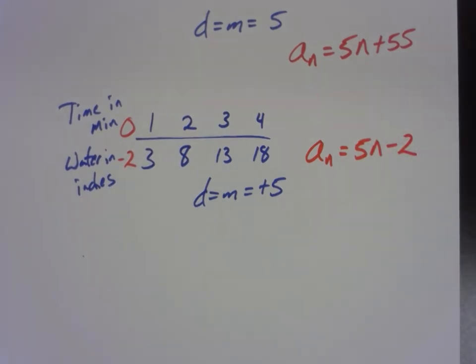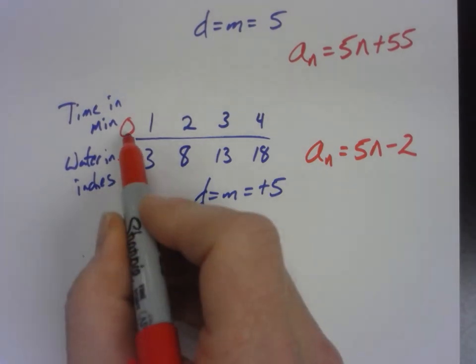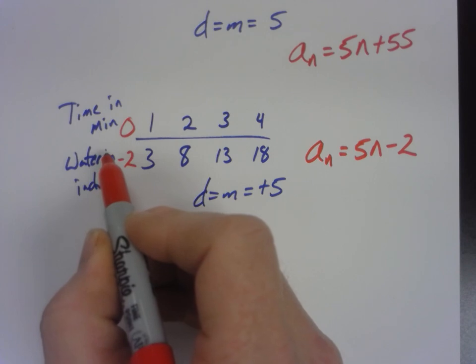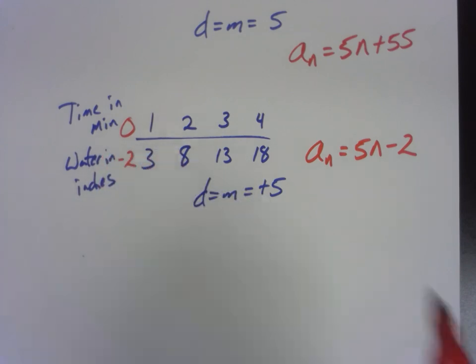We can still do that, and that's still going to work and give us a model for this arithmetic sequence. Sometimes, I guess I could have made it so at time 0 there was 0. That could have been done, couldn't it? I don't think that would be too hard. All you have to do is say, well, you already know.